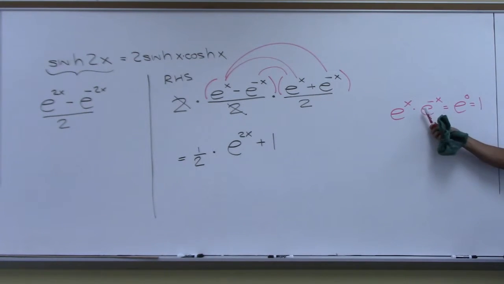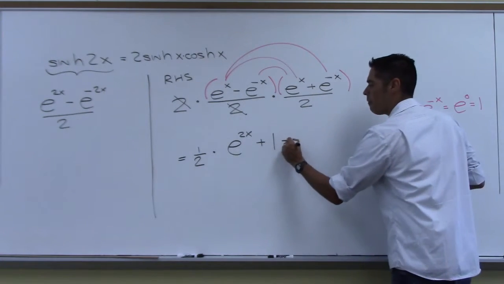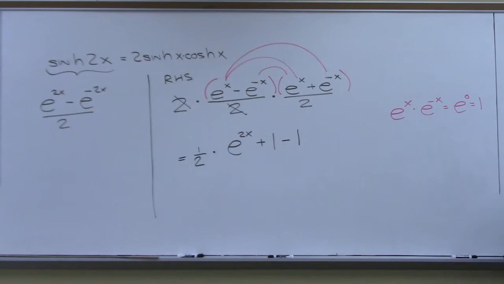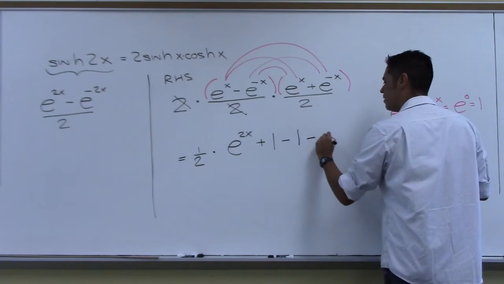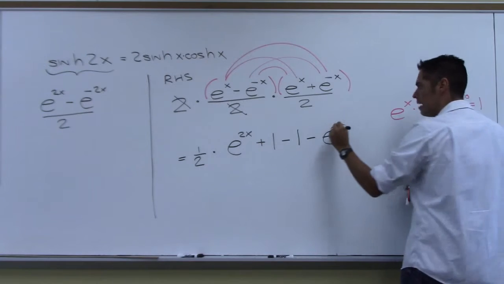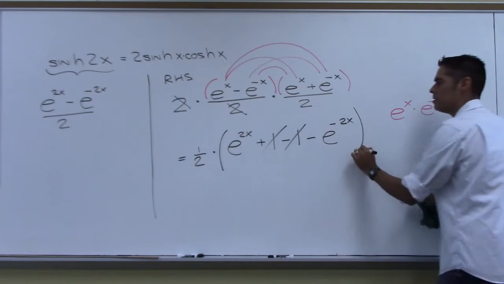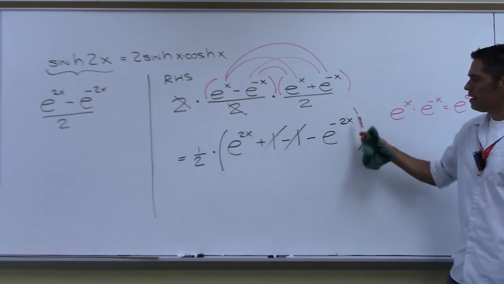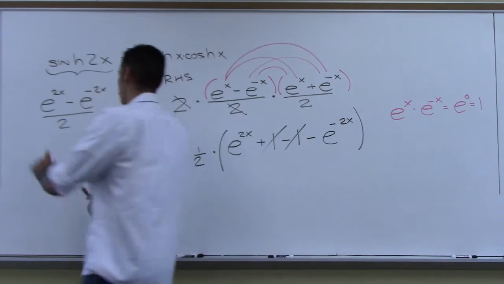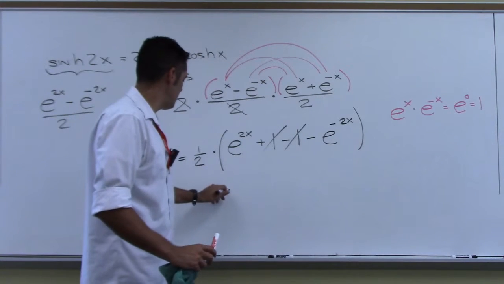It's the same as this, but it's minus because it's a negative times a positive. So we'll have minus 1 here. And then what's the last multiplication? E to the negative x, take away x, is negative 2x. The ones cancel, right? Oh, I should put all this in parentheses. And isn't that exactly what we wanted? Yep. That is e to the 2x minus e to the negative 2x times a half, which is the same as this. So that is equal to the left-hand side. Check.